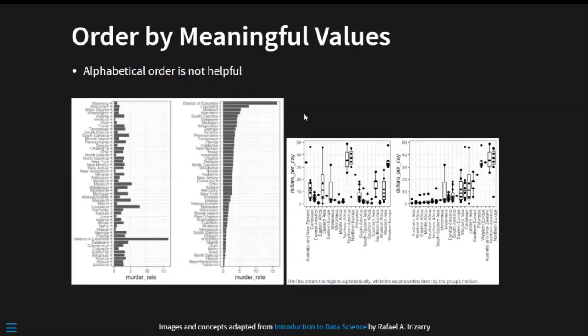Ordering. These are from an Introduction to Data Science course that's actually freely available on edX. I've pulled some of these principles and some of the charts from there, and it has all the data and all the code to produce these charts. If you look here on the left, this is in, for some reason, reverse alphabetical order: murder rate by US states.